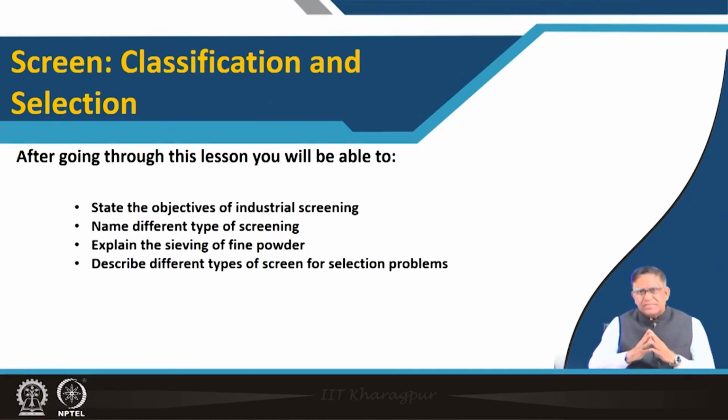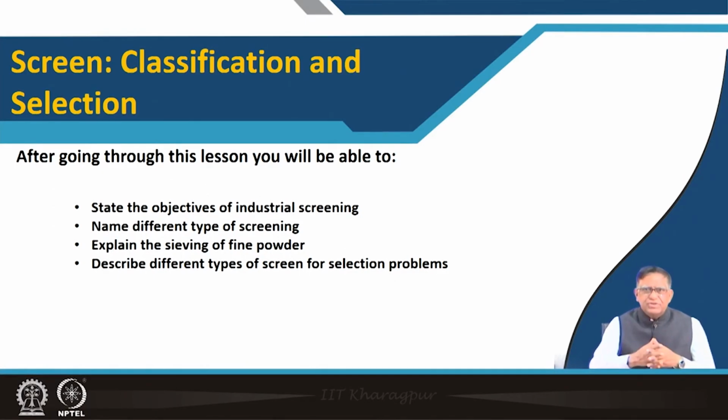Now, of course, sieving is necessary for bulk material. Sieving is very important to do certain laboratory scale studies in the industry as well as in our academic world. We will have to know the material properties. That is why, when you go for the study of size separation, sieving is very important.